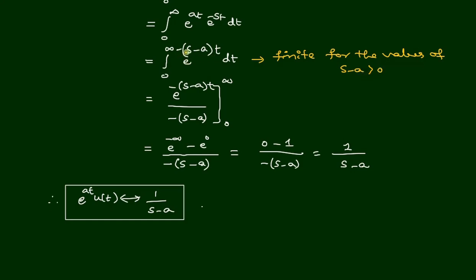If s - a is greater than 0, then this exponential remains a decaying function, and it converges as t tends to infinity. s - a greater than 0 means s greater than a.